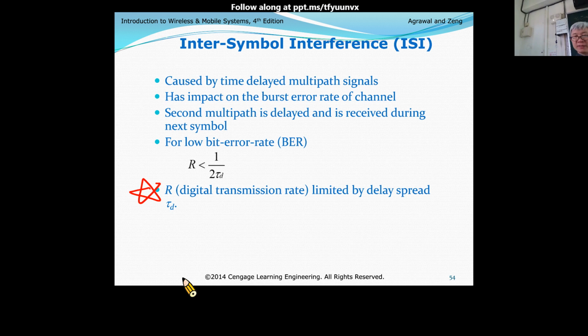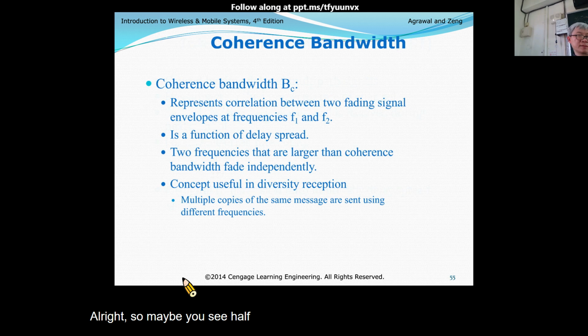All right, so maybe still a few seconds. This one defines coherence bandwidth. Coherence bandwidth is the difference in separation.